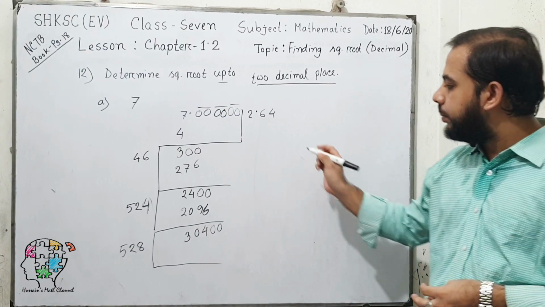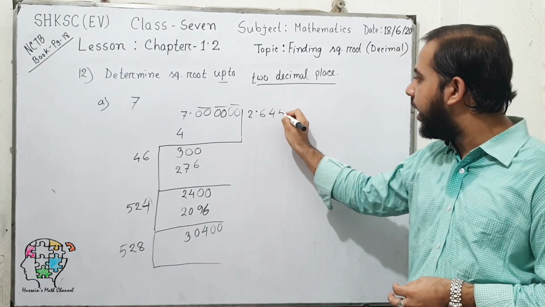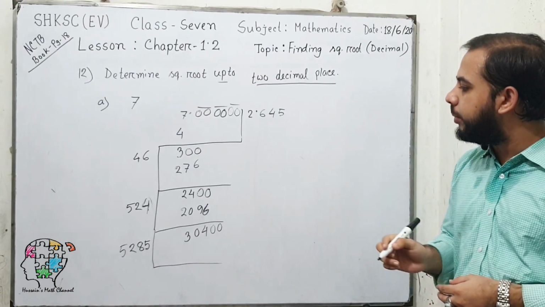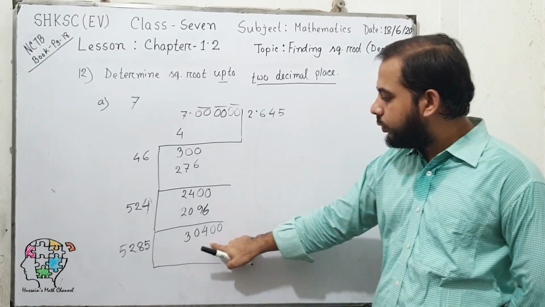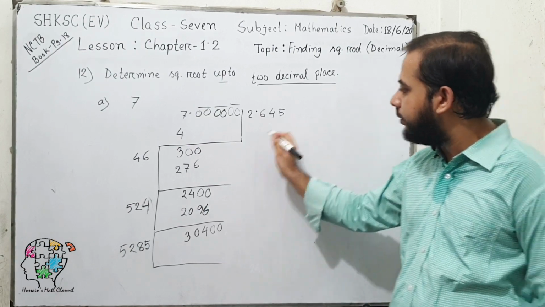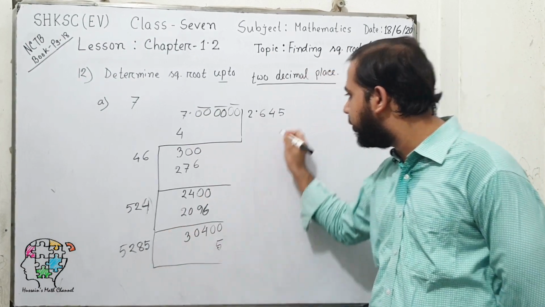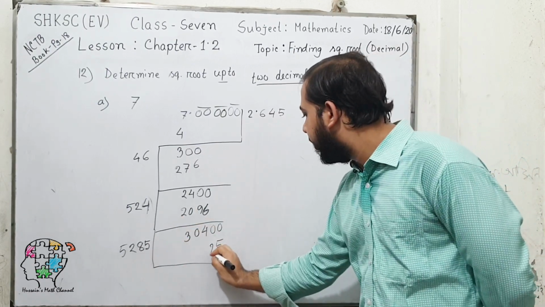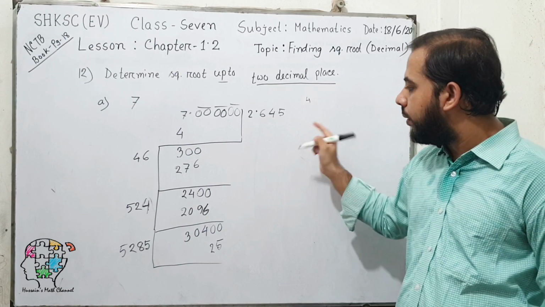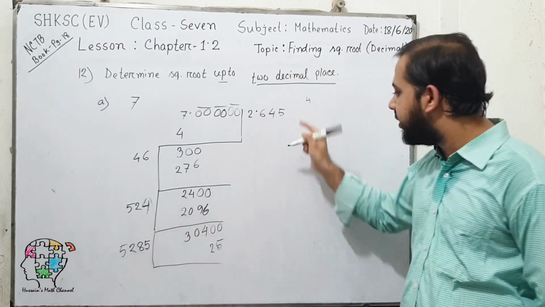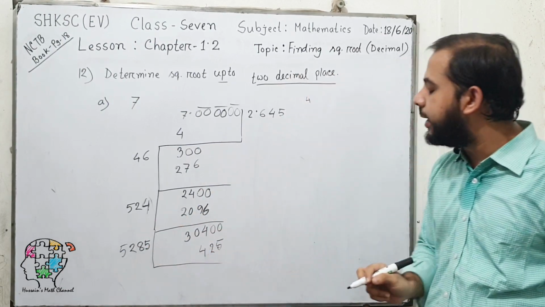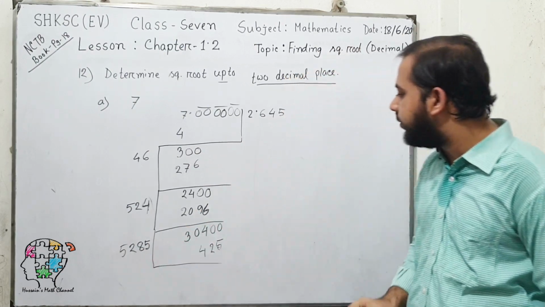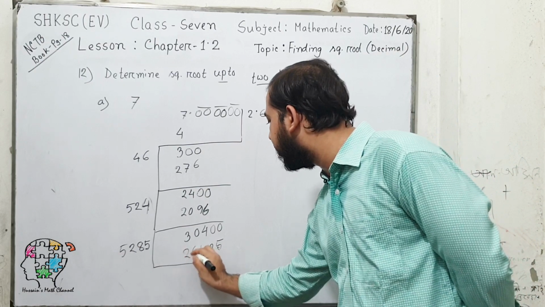So now if we put here 5 and 5, it will be close to 30,400. 5 times 5 is 25, in hand 2. 5 times 8 is 40, plus 2 is 42, in hand 4. 5 times 2 is 10, plus 4 is 14, in hand 1. Now 5 times 5 is 25, 25 plus 1 is 26.